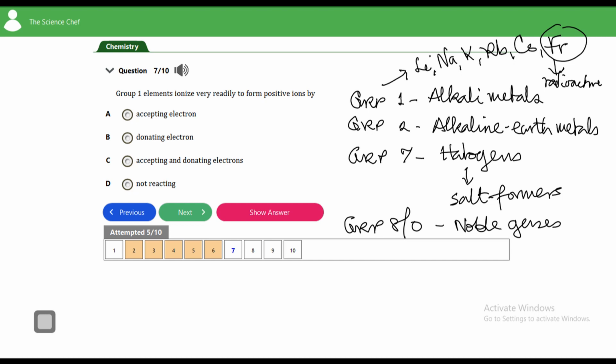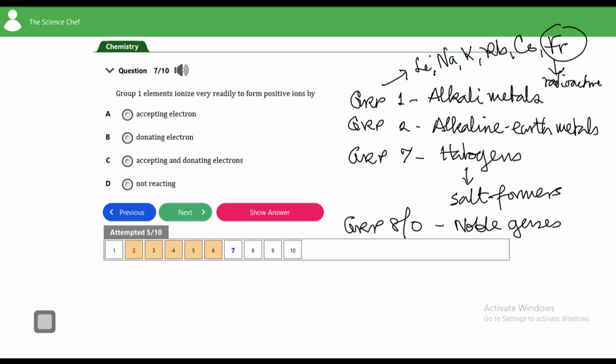That cesium here is meant to be what? The most reactive. I told you that francium is radioactive. It's not stable. It's not isolated. So we always use cesium as the benchmark, as the most reactive what? Group 1 element. While lithium is the least reactive. And they react vigorously in what? Water. In an exothermic what? Reaction to liberate what? Hydrogen gas.